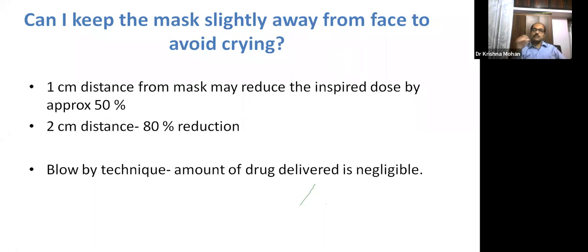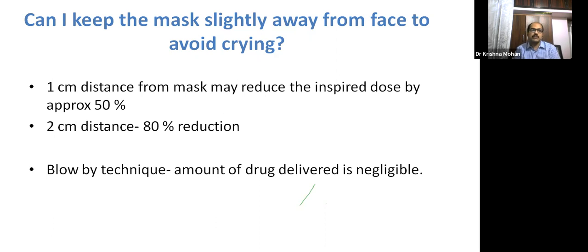This is another common mistake that usually happens. Sometimes when you start the nebulization, especially for a child who is less than 3 years, the child will be crying incessantly. So sometimes we tell them to keep the mask away so that the child won't cry, just keep it in front.